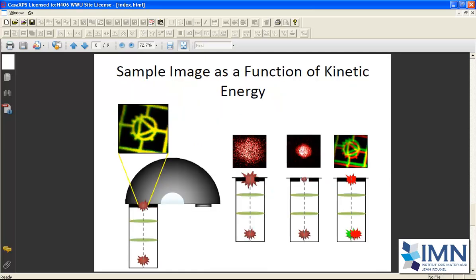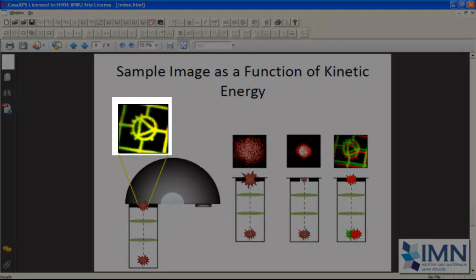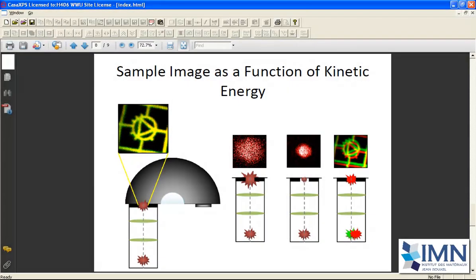There's one further implication of the lens functions that vary as a function of kinetic energy, and that is that if you want to quantify spectra based on peaks at different kinetic energies, then for the quantification to make sense, you ought to have the image of the sample remain constant as a function of kinetic energy. These two images here are overlaid at very different kinetic energies, and this is the ideal situation, that they both are the same size and they overlay very well.